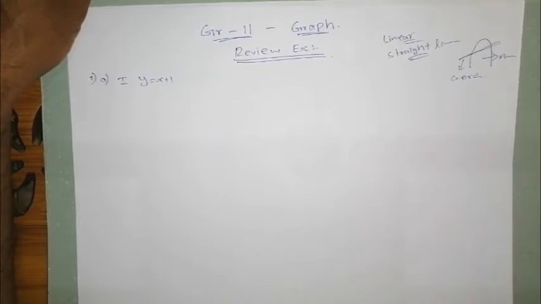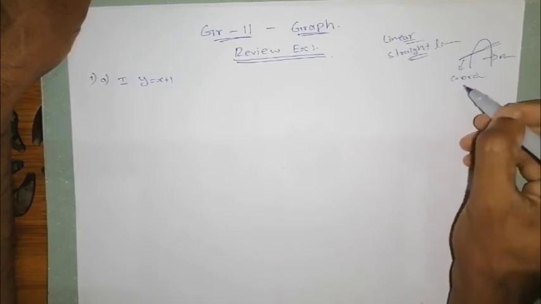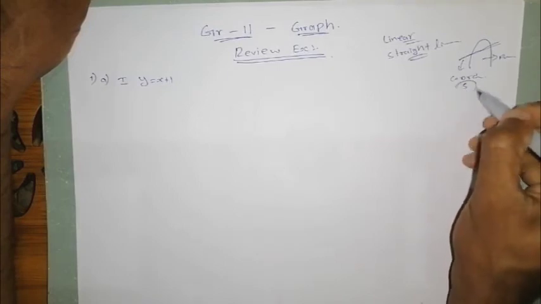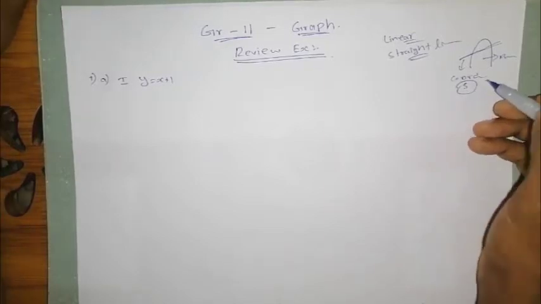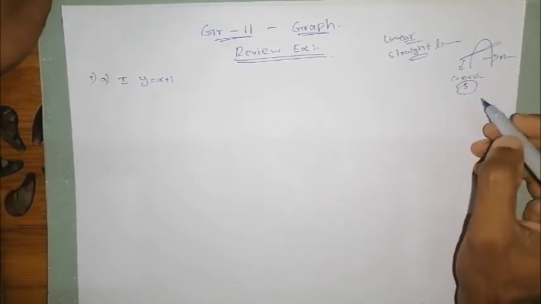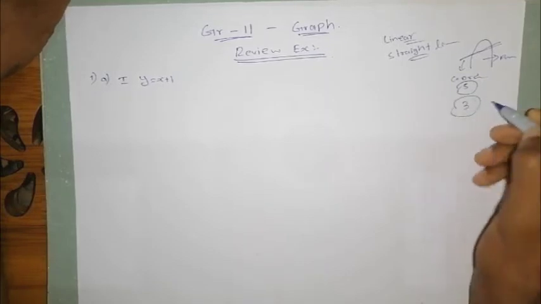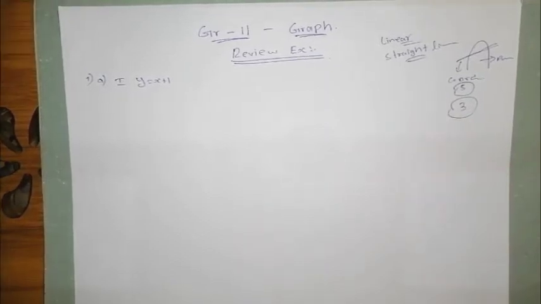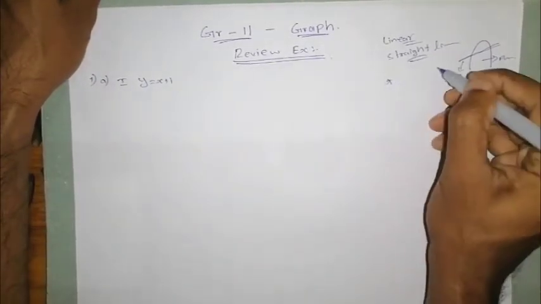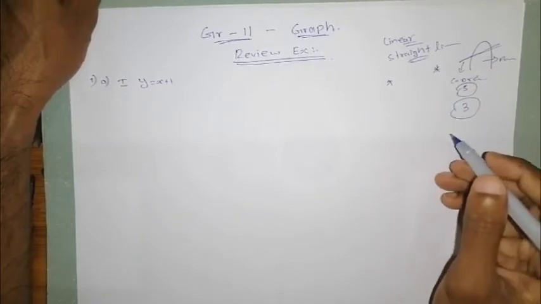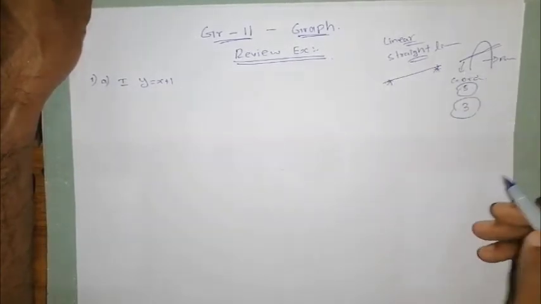In grade 9 and grade 10, to draw a straight line graph we found 5 coordinates. The simplest way is that you need to find only 3 coordinates. That is the basic idea, because using 2 points we can draw a straight line.